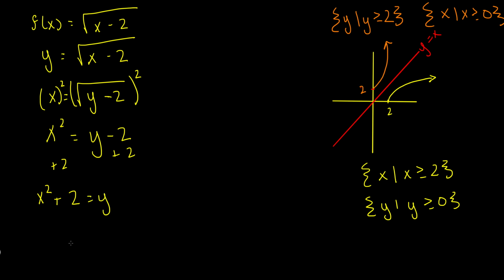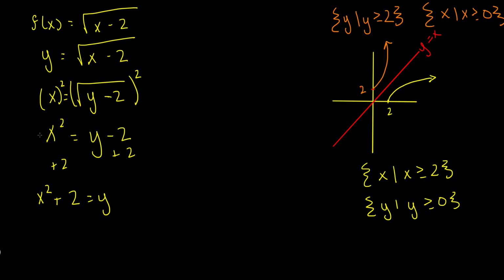Well, here's the problem with this. My domain is greater than or equal to 0, but if you've looked at this function, we know that a quadratic has a domain of all real numbers.